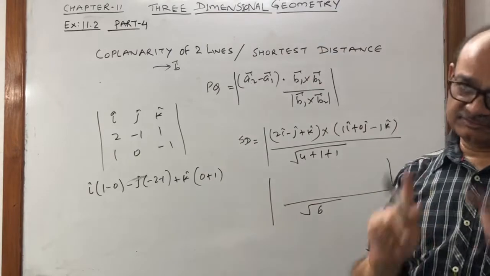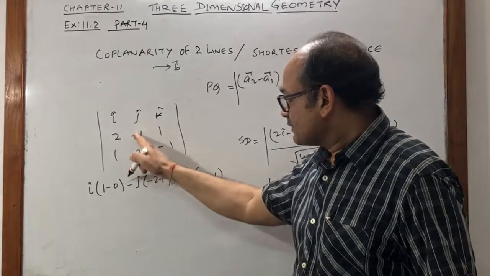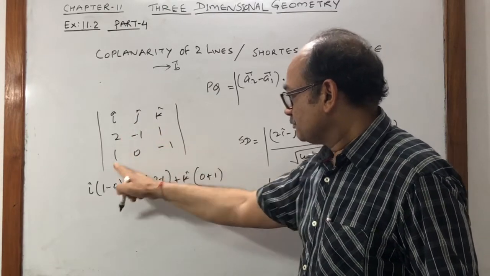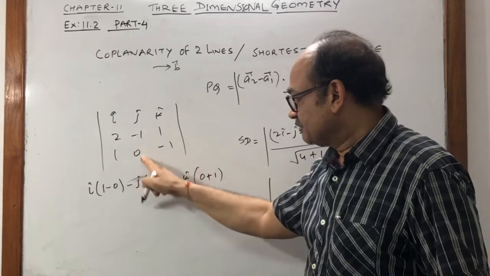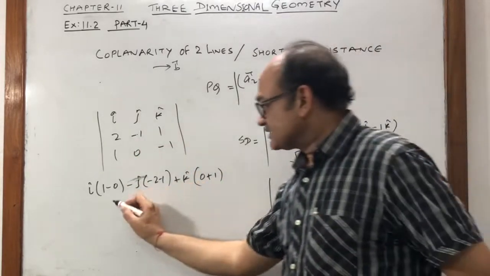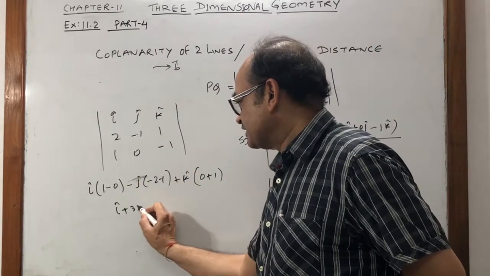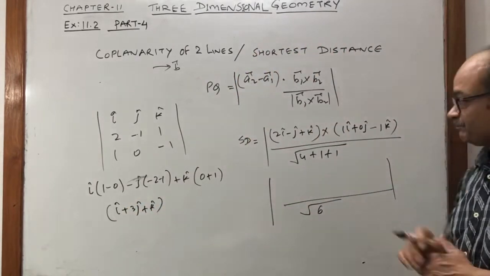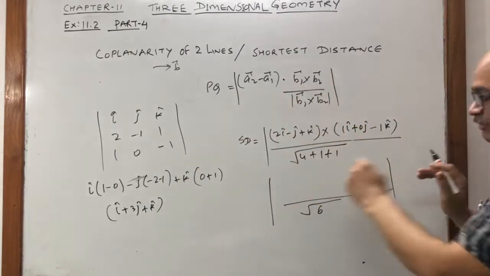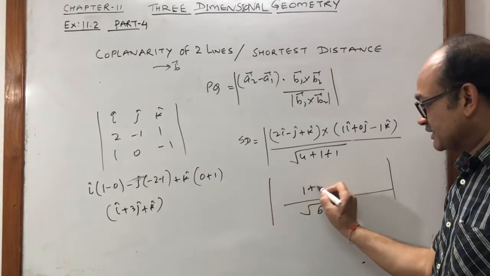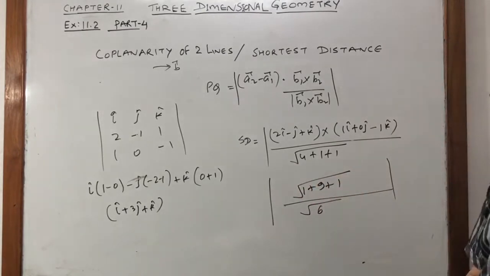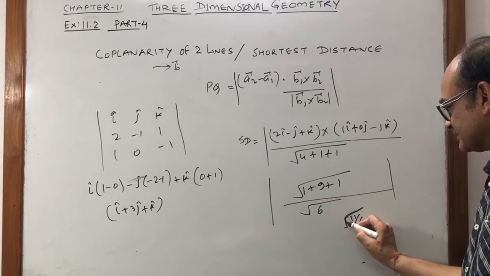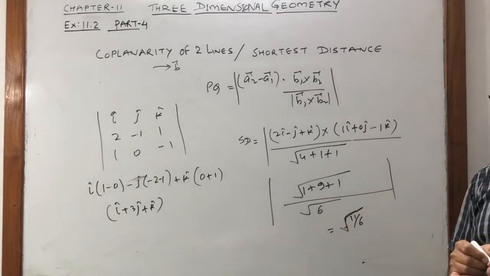Since it is calculation work, check it again. I, 1 minus 0 correct, j, minus 2 minus 1 correct, k, 0 plus 1. Hence it is nothing but i plus 3j plus k is the cross product between these two. But we want its modulus. So modulus is 1 plus 9 plus 1. What we are getting? Root 11 by 6 is the shortest distance.